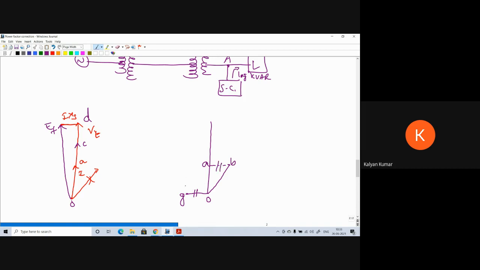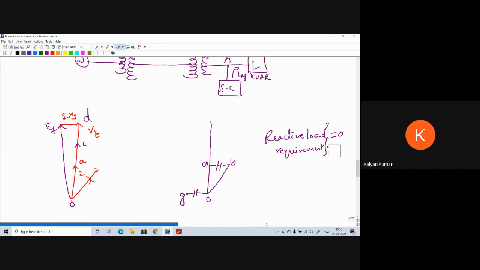That means the kVAR required by the load will be supplied by the synchronous condenser. So as the lagging kVARs are cancelled by this leading kVAR, the reactive load requirement, that is lagging kVAR, is going to become zero.